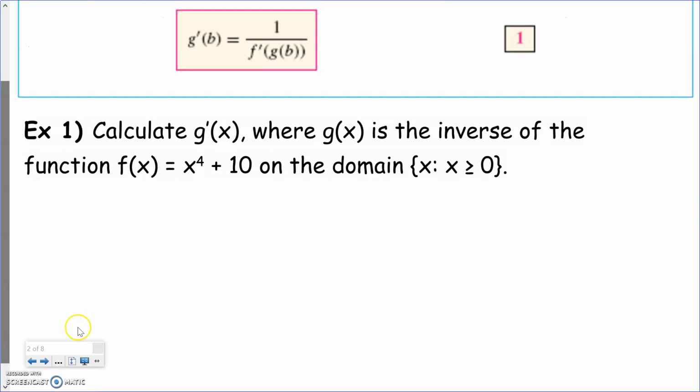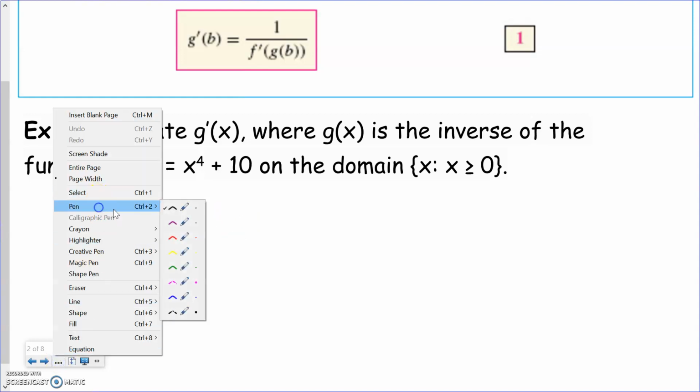Okay, calculate g prime of x, where g of x is the inverse of the function x to the fourth plus 10 on the domain when x is greater than or equal to 0. So what I would do is I would start by finding g of x.